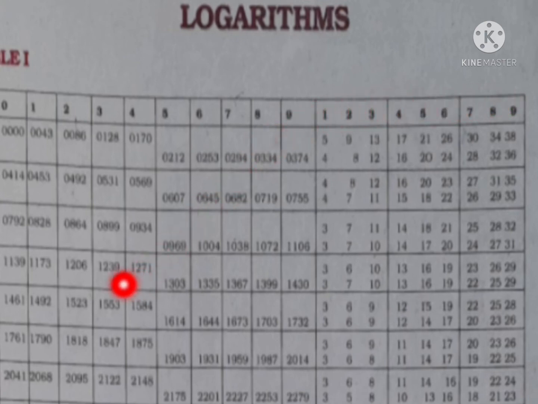Now we have to insert this fourth digit in these columns. So here the value is 1271 plus, and from these horizontal columns we have to find the number that we have to add with this number. So I got 1287.